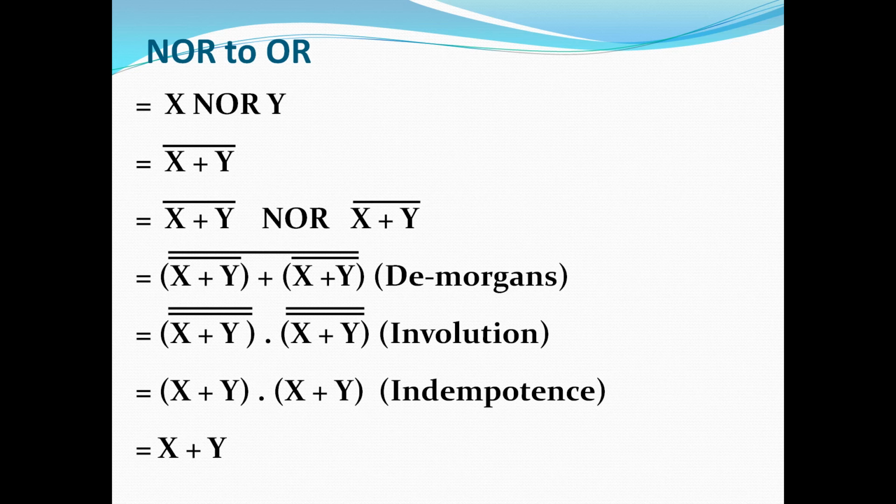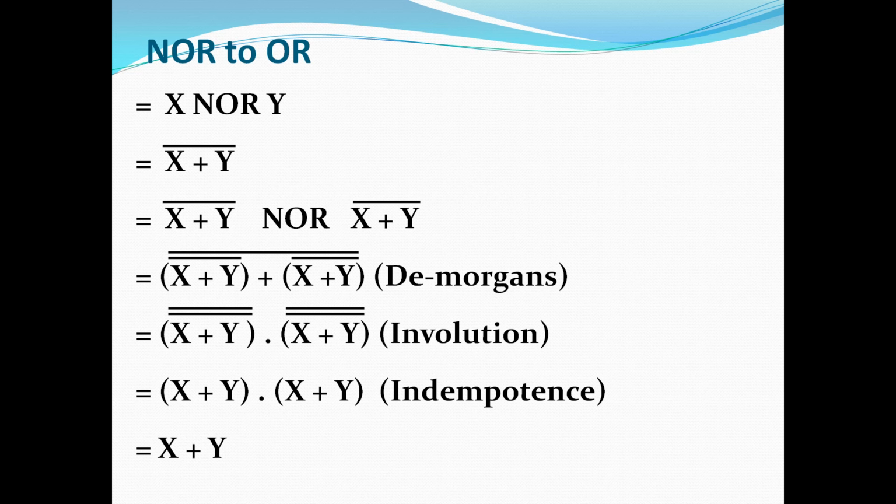Here, (x plus y) is one term and the other (x plus y) is another term, and both terms are the same. The idempotence law is mainly used to remove duplicates. So the output will be x plus y. The output we got is x plus y, which is equal to the OR gate.